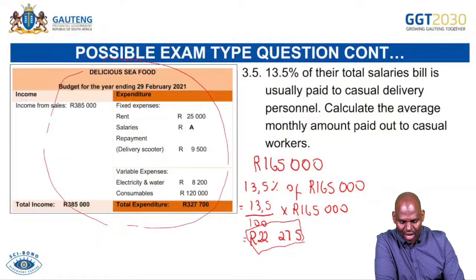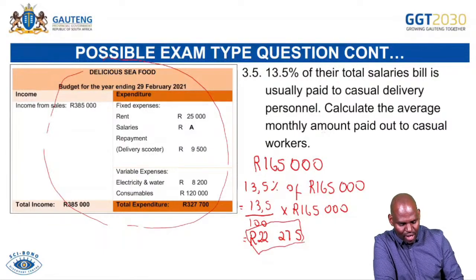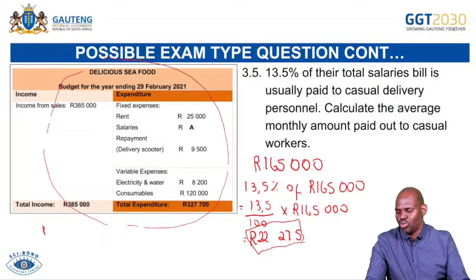22,275. Now calculate the average monthly. So monthly, it means I take 22,275 and divide it by 12.